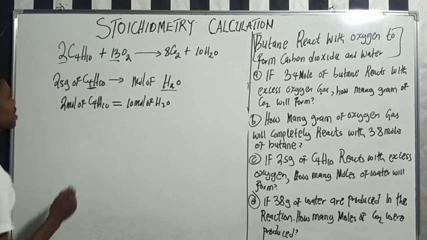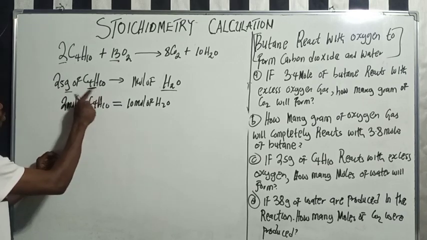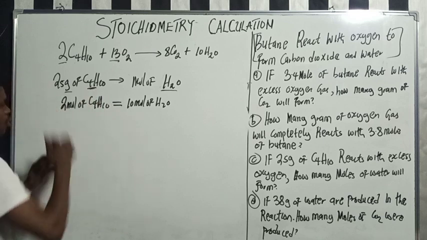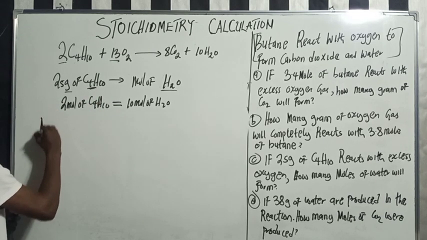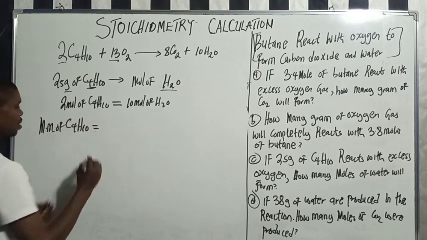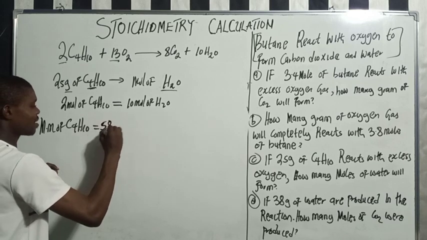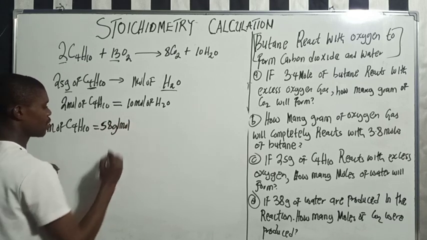Do you get that? Remember, I'm starting from grams of C4H10. That is, I need to know the molar mass of C4H10. So the molar mass of C4H10 is, remember, we have calculated before, 58 grams per mole, right?